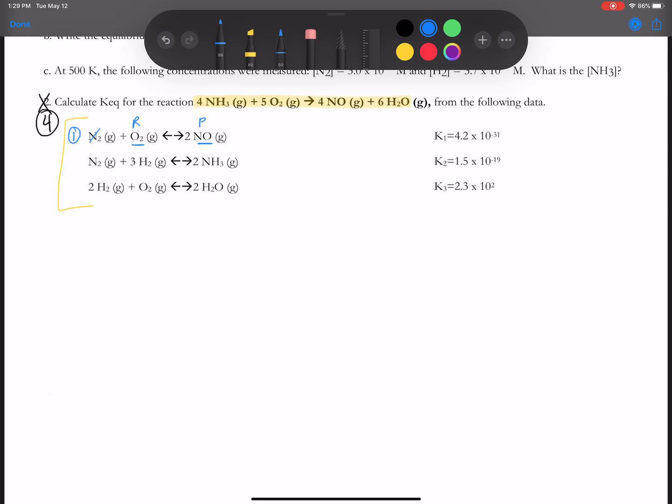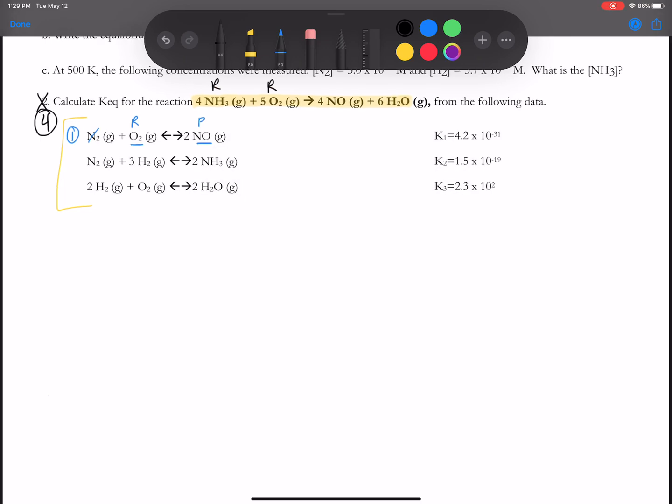In my new equation that I'm searching for, NH3 is a reactant, O2 is a reactant, NO is a product, and H2O is a product. If they stay in the same direction, I'm sticking to the same forward reaction. If they're flipped, then I'm going to have to take the reverse.